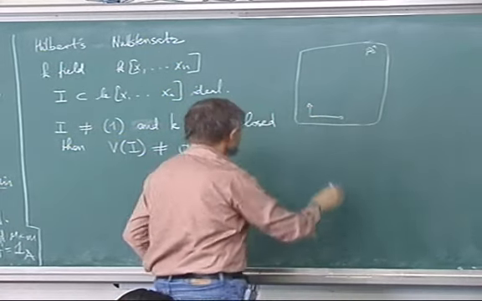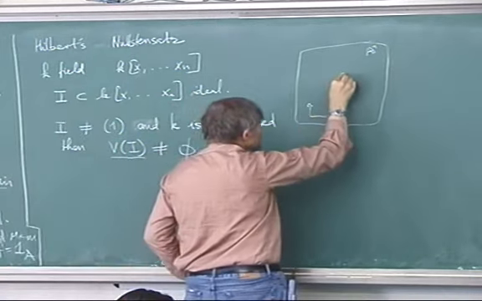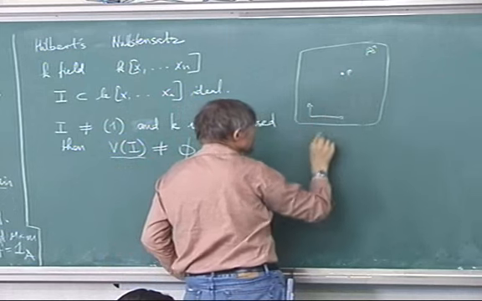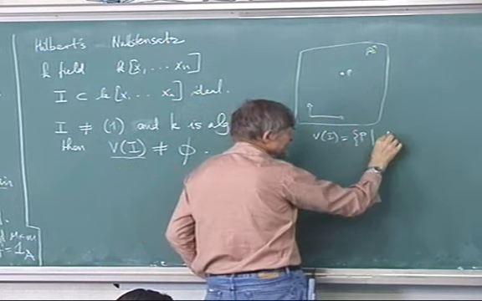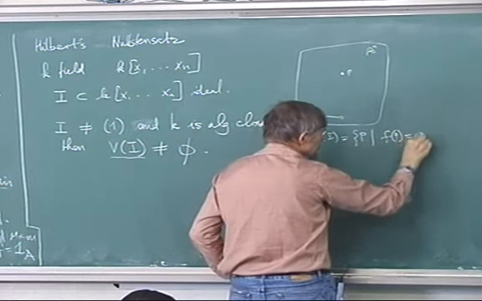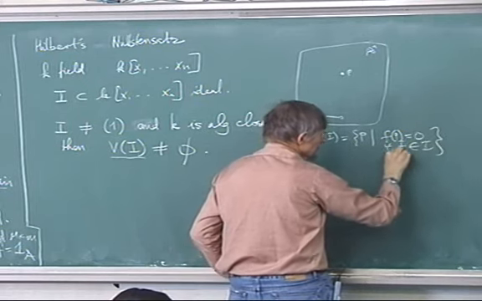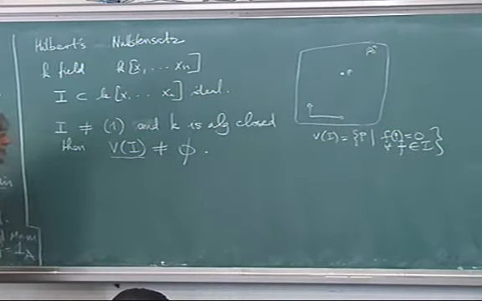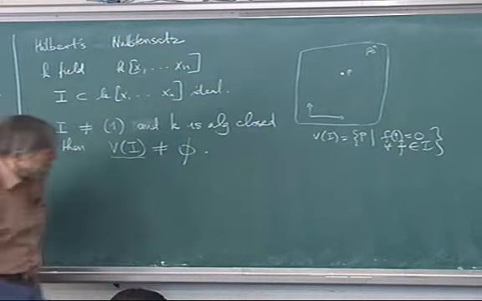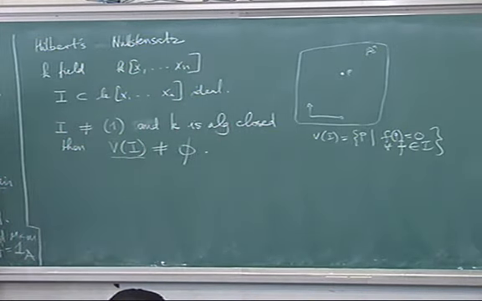And I tried to define this V of I. V of I is the set of points P such that f of P equals 0 for all f in I. I want this to be the variety defined by the ideal I, the locus of points defined by the vanishing of these polynomial equations.